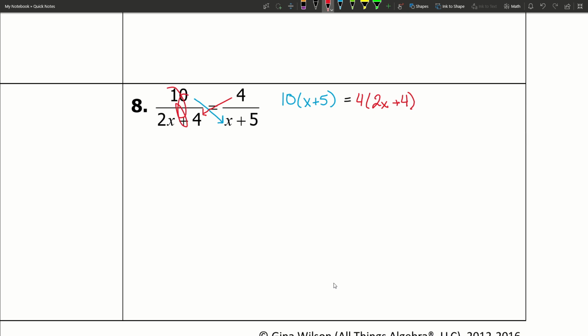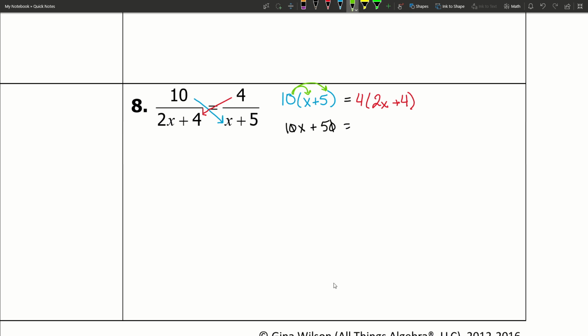Anytime we have a fraction with a fraction, we can just do this. We can cross multiply. So now we would distribute, 10 times x and 10 times 5. 10 times x is just 10x. 10 times 5 is 50.